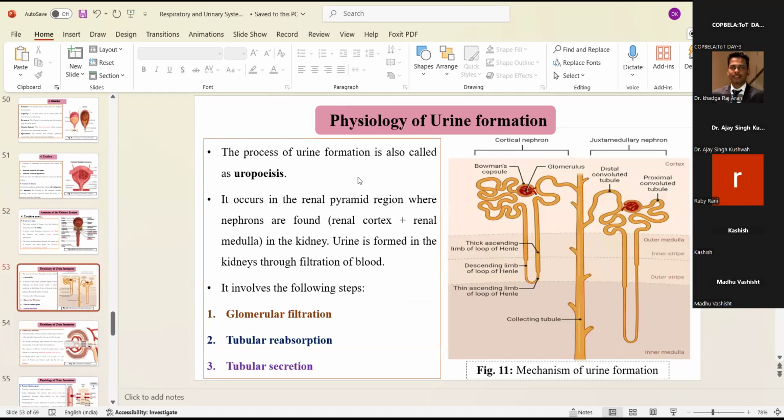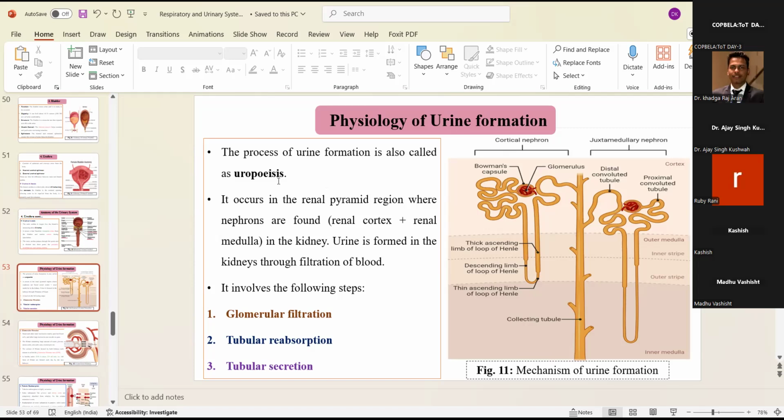Next, a very important point: the physiology of urine formation. It is very important for the final paper of the human anatomy and physiology subject. Formation of urine is also known as uropoiesis, and it normally occurs in the renal pyramid part, because that consists of the renal cortex and renal medulla, which have the nephrons.